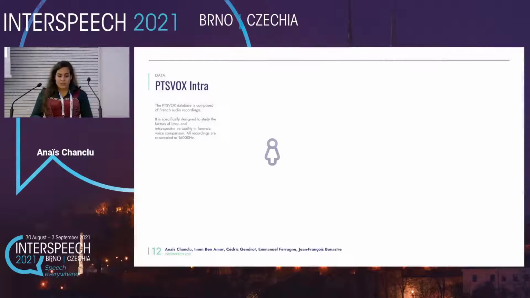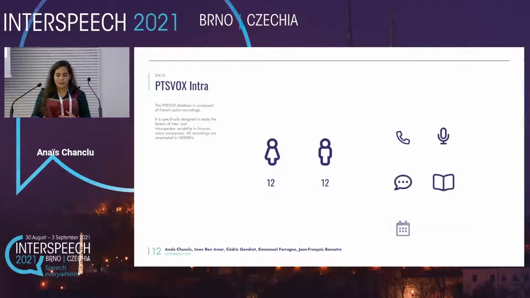We will now focus on the set intra. It features 12 female speakers and 12 male speakers, recorded once a month during a 3 months period, using a microphone and a telephone, and they were recorded while speaking and while reading.